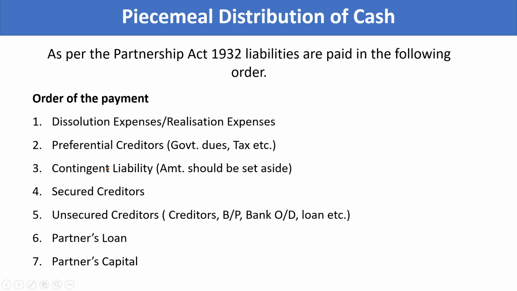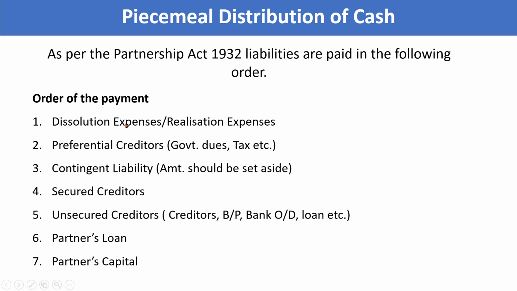Then contingent liability, then fourthly secured creditors are paid, and then unsecured creditors are paid. Unsecured creditors include creditors, bills payable, bank overdraft, loan, etc. After the payment of unsecured creditors, partners' loan is paid, and at the end partners' capital is paid.